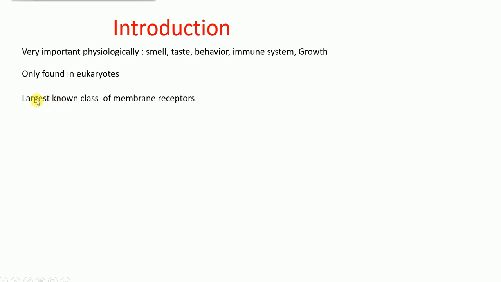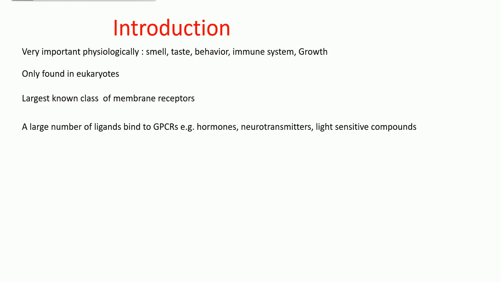G protein coupled receptors are the largest known class of membrane receptors, and they are also very diverse.